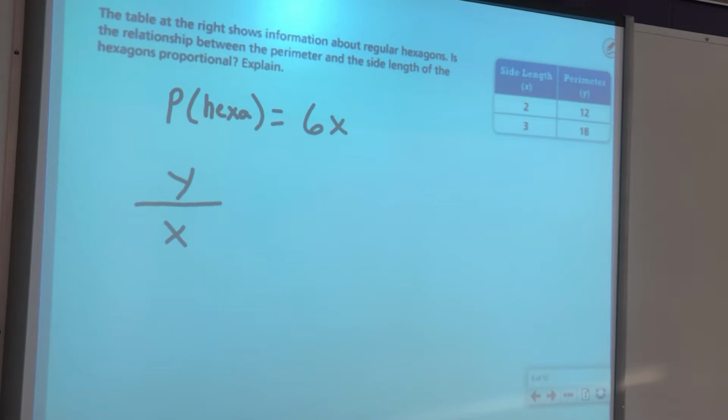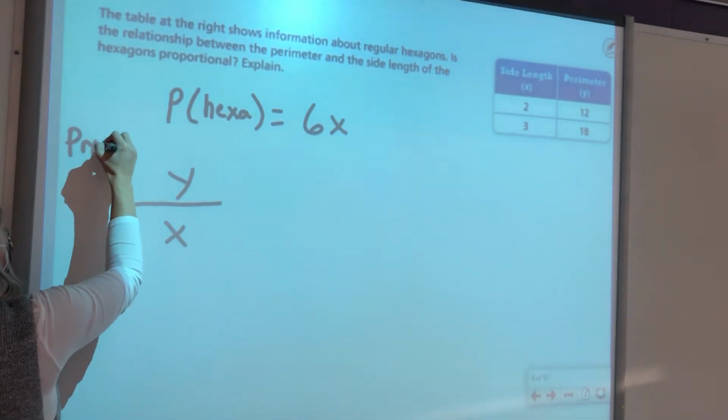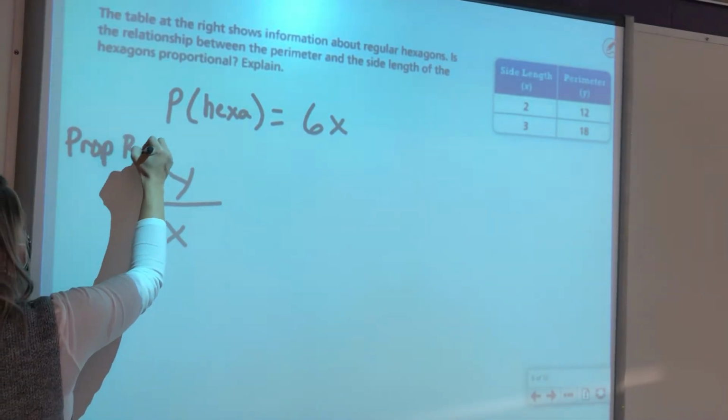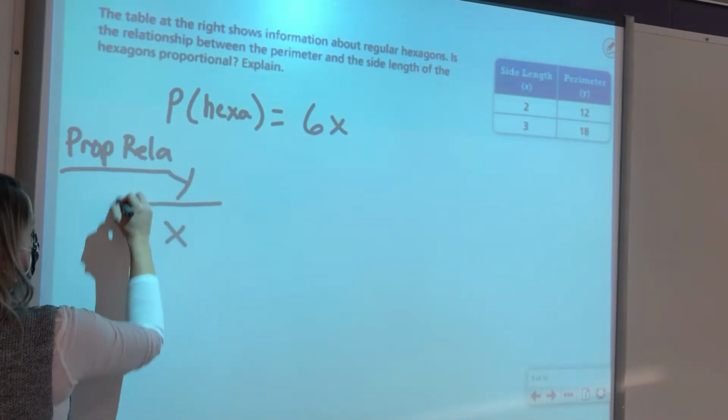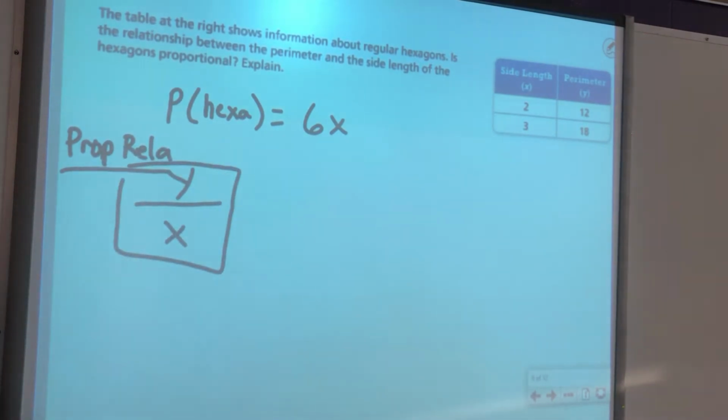Actively engaged. So to find if a relationship is proportional, we always use y over x. Now if it's y over x and if they all reduce down to the same value, then we have a proportional relationship.